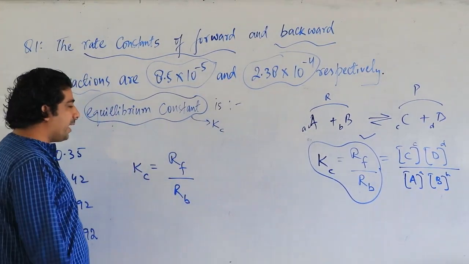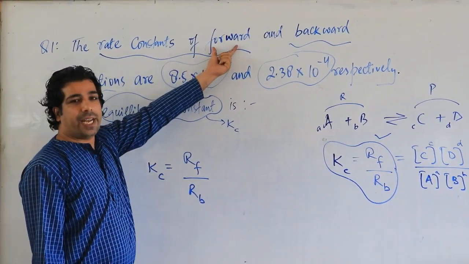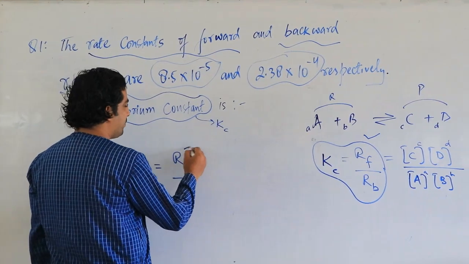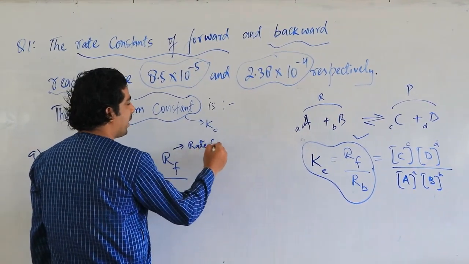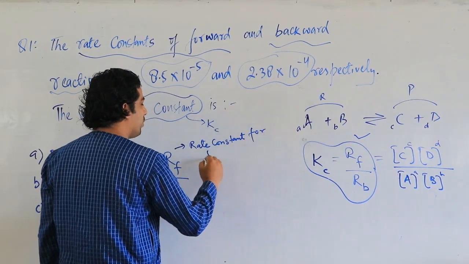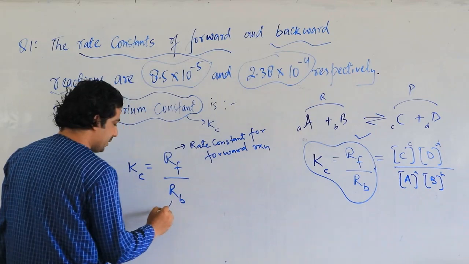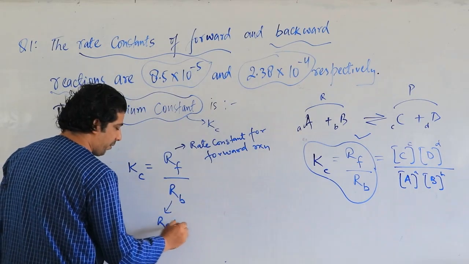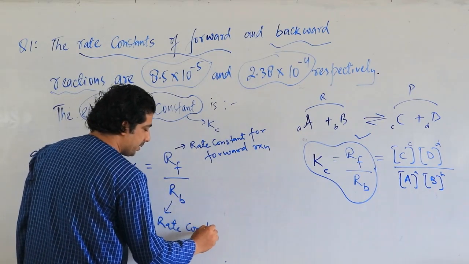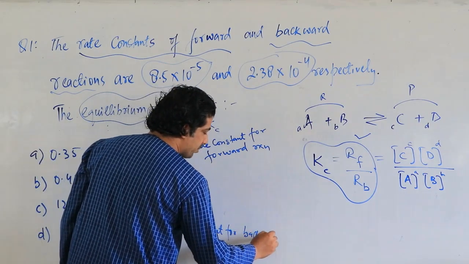And you know that this Rf is the rate constant for the forward reaction, and this one is the rate constant for the backward reaction.